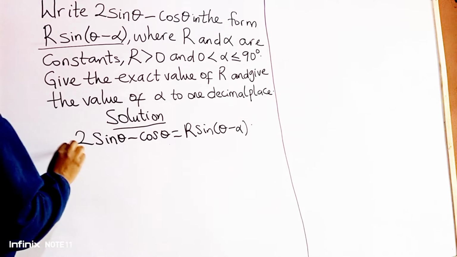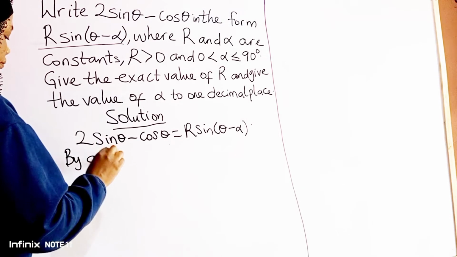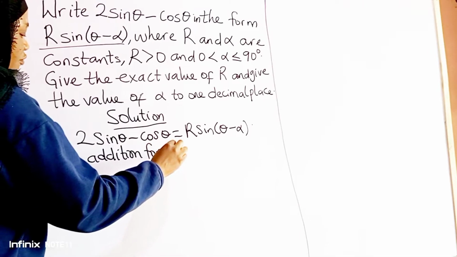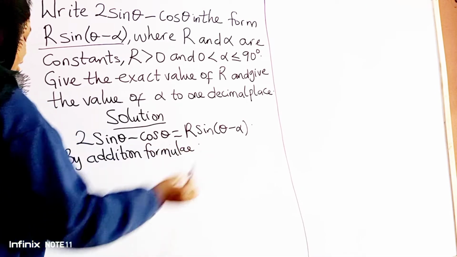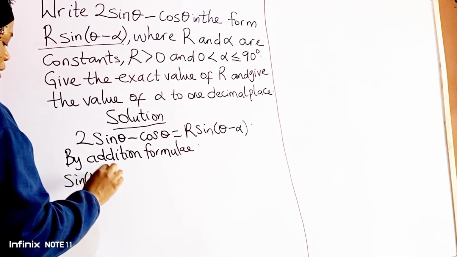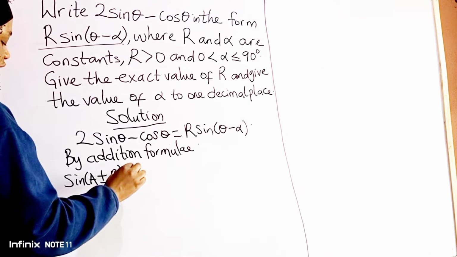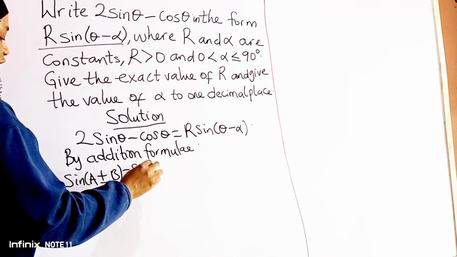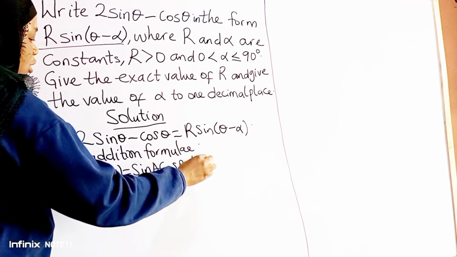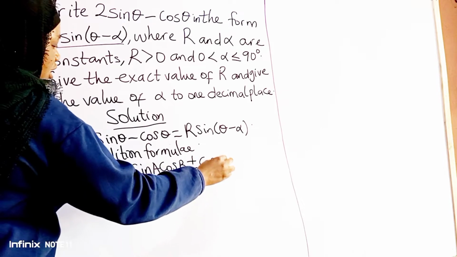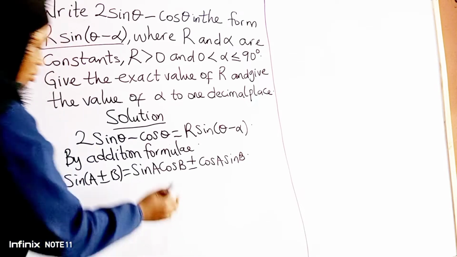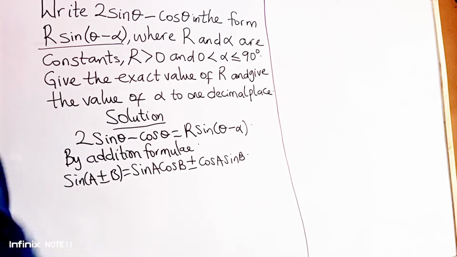Now, by the addition formula of trigonometric identities, sin(A ± B) is the same thing as sin A cos B ± cos A sin B. If you do not know this, please make sure you understand it too.